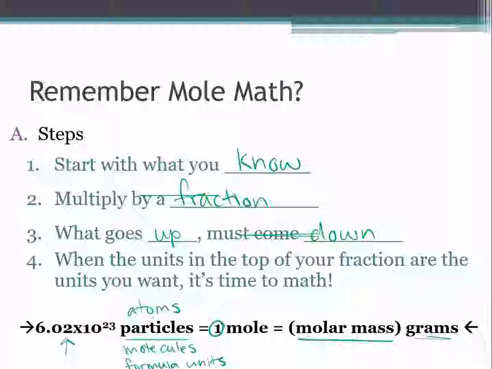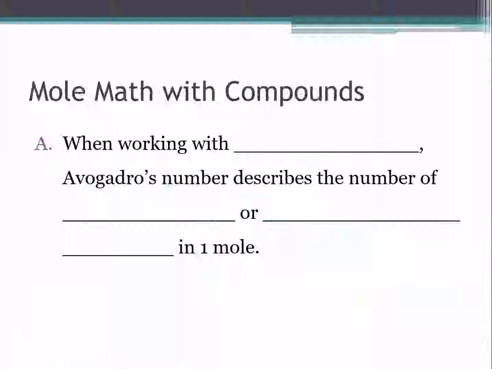One last thing before we jump into our examples. When you are working with compounds, like we just said, this is one topic that people tend to get a little confused about in this unit. When you are working with compounds, water, sodium chloride, any molecule, any formula unit, Avogadro's number is not describing the number of atoms in that compound.